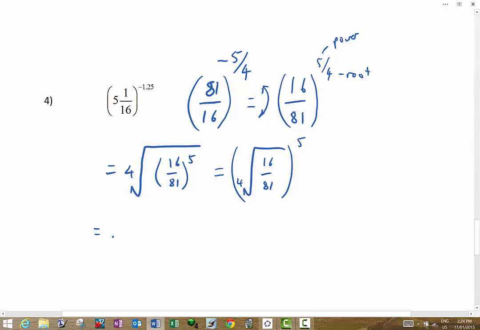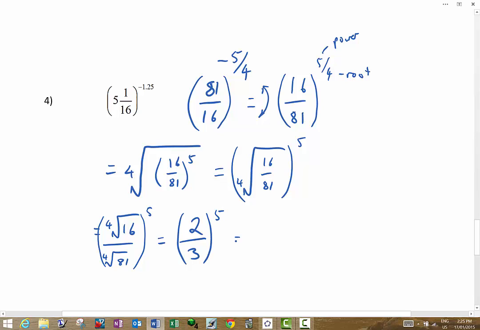Well, the 4th root of 16/81 is actually the 4th root of 16 divided by the 4th root of 81, and you should recognize those numbers quite easily. The 4th root of 16 is just 2, and the 4th root of 81 is just 3.